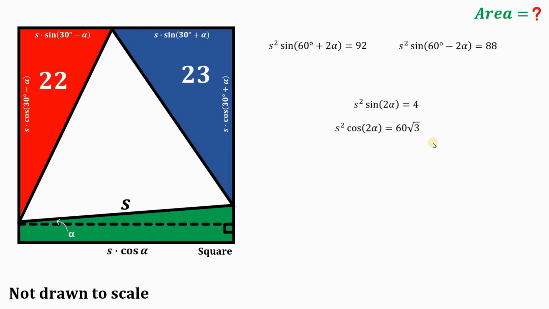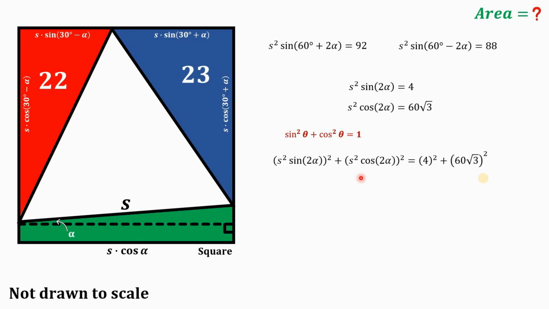And using these two results, we can now get the value of s squared. Because we know the Pythagorean identity states that sine squared theta plus cosine squared theta equals 1. So if we square this and add these two together, we arrive at this equation. Now, factor out s raised to the 4th power, and take note, sine squared 2 alpha plus cosine squared 2 alpha is just 1.